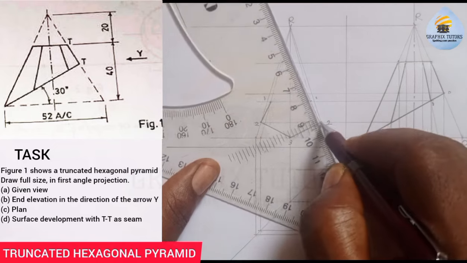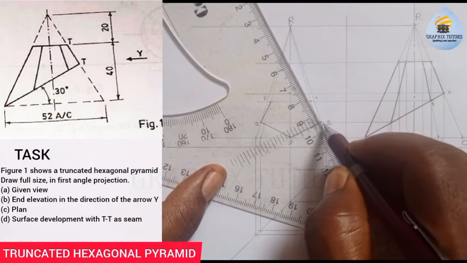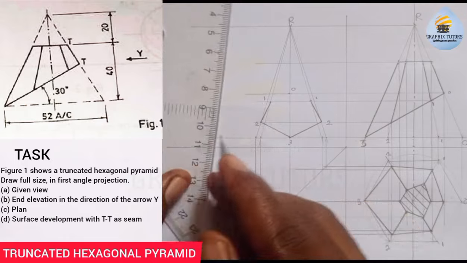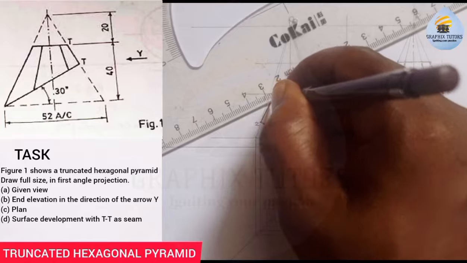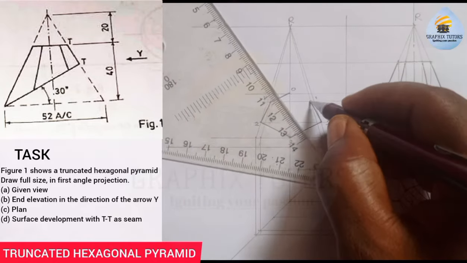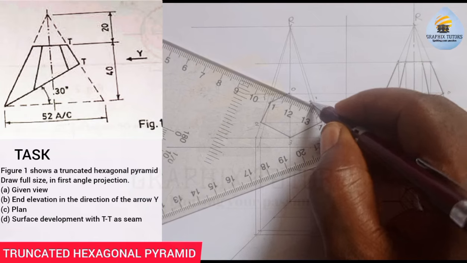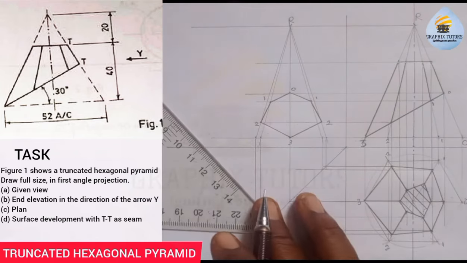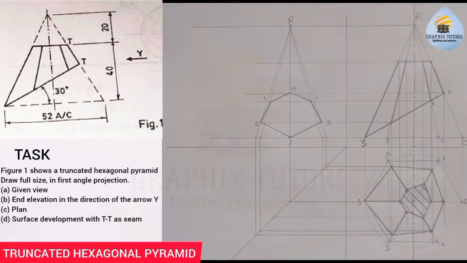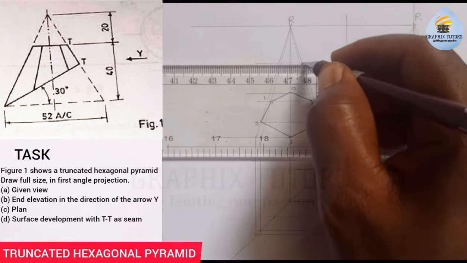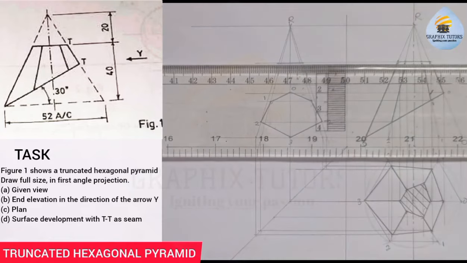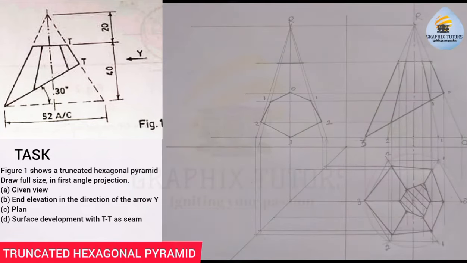Then back to 1 again, back to 0, back to 1, right? Then every point here, they're lying on the same point in this manner. Is that clear? They're all lying on the same point and coming straight down here.